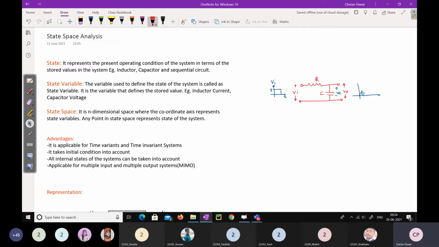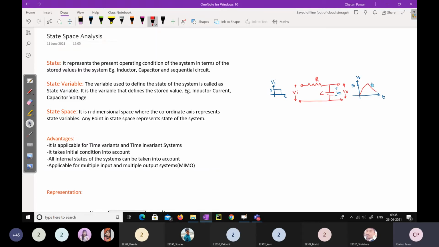The capacitor will start charging, and at one particular point it will reach the maximum value of 5 volt. So this is the output. And after some time it will discharge, because we have applied a short pulse.